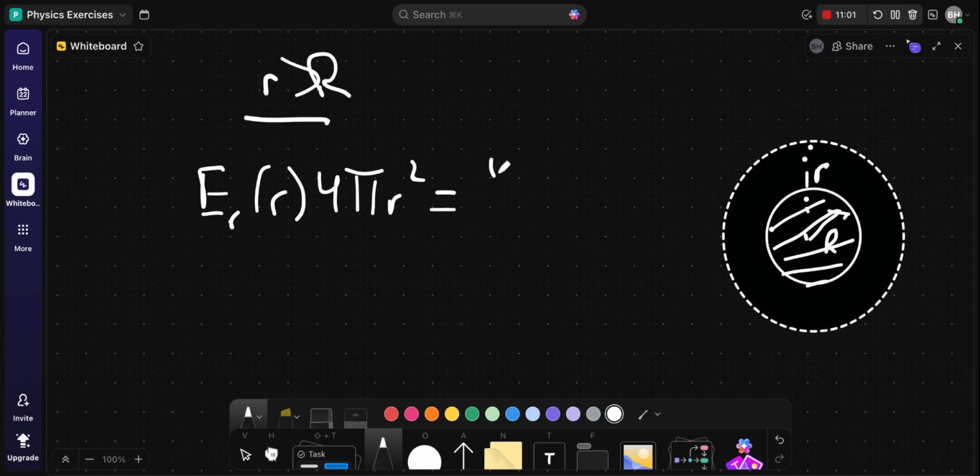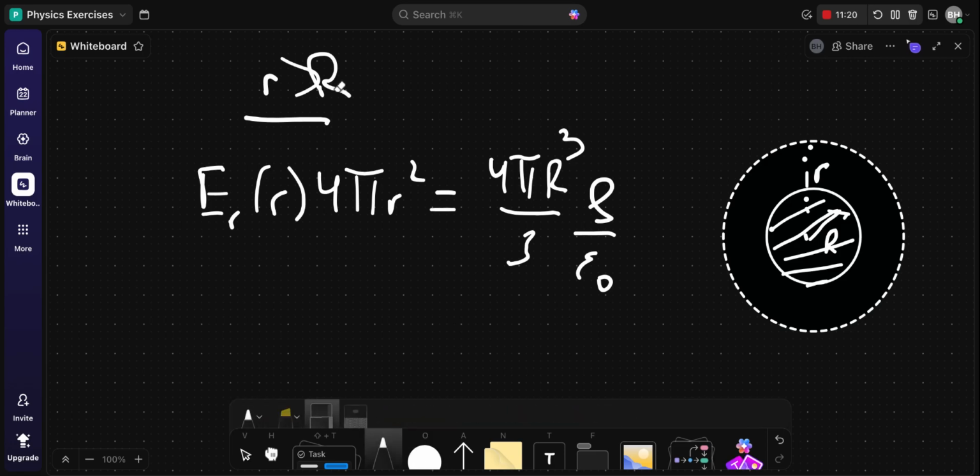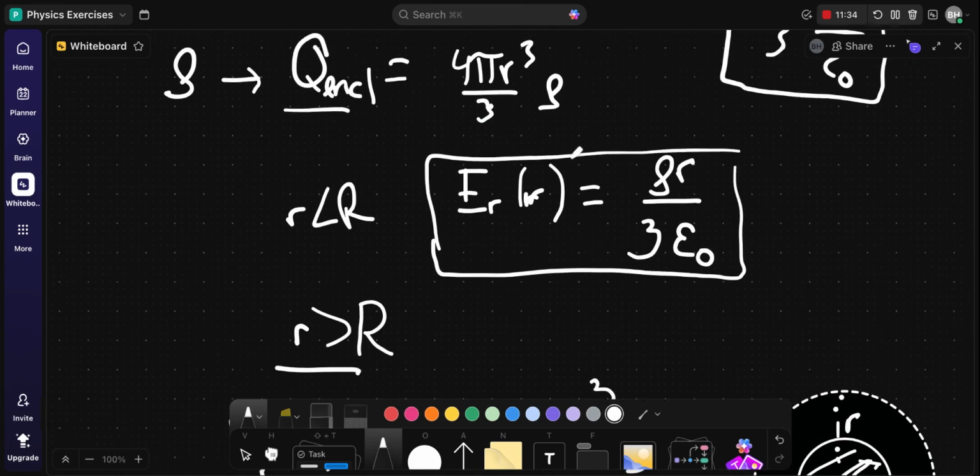Well, in that case, it's the volume of the sphere, which is 4 pi capital R cubed divided by 3, times rho. And of course, we have to divide by epsilon 0, which in this case just goes along for the ride. Let me make what I wrote here a little bit more aesthetic. Now we do a comparison with the previous part of the exercise.